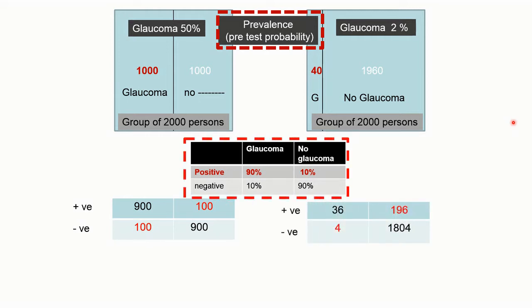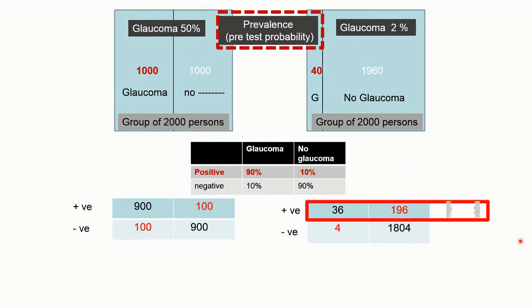So again, if you apply the table on these numbers, we're going to have real positive results in 36 out of the 40, but we're going to have false positive results in 10% of this group.